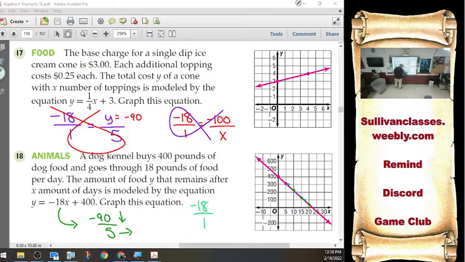Negative 18 over 1, you said 450 and 25? Times 25. So if I take this times 25 to get negative 450, then take this times 25, you just said, I'm going to do a thing to make up a number.